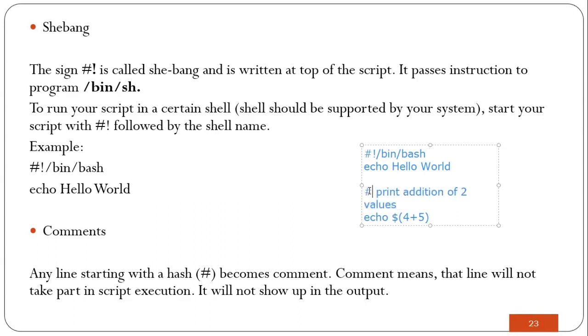Just start with the hash symbol and then write the comment. It will treat it as a comment, and this line will not be executed. This is just for understanding the purpose of the code for the next team member or other colleagues. Here I started my script with this hash shebang, telling the script interpreter to interpret using the bash shell.